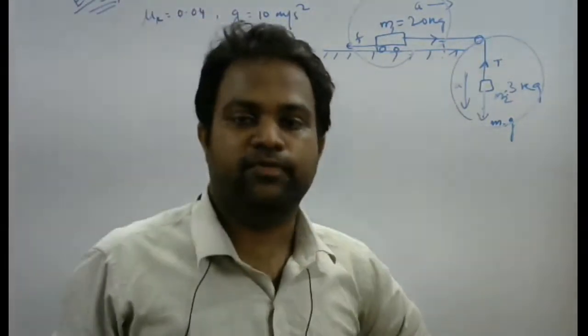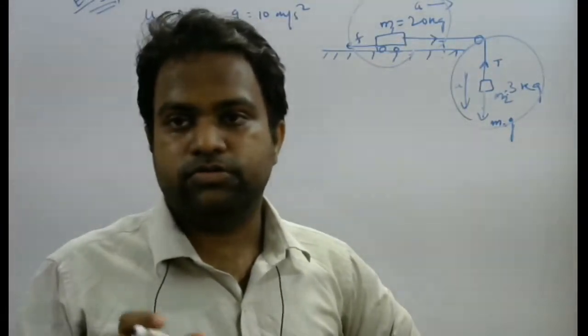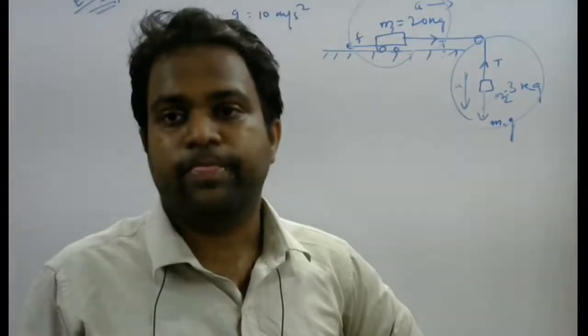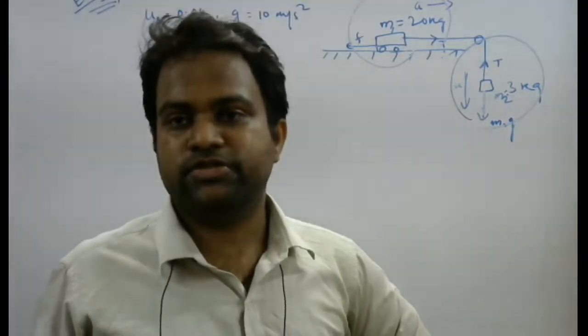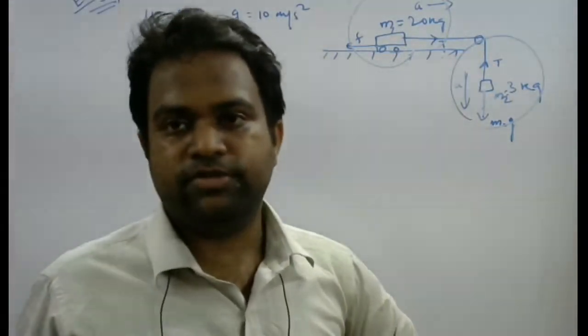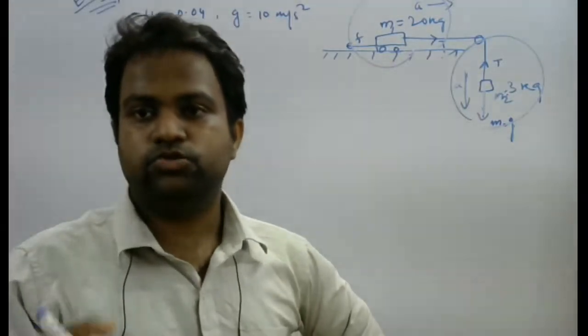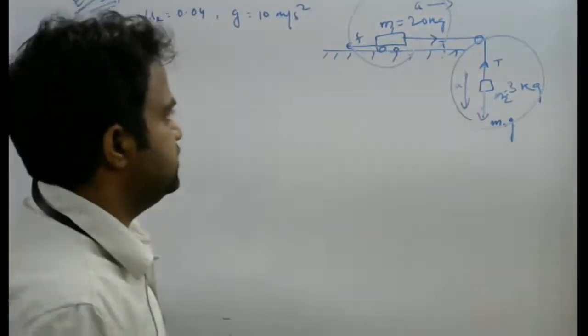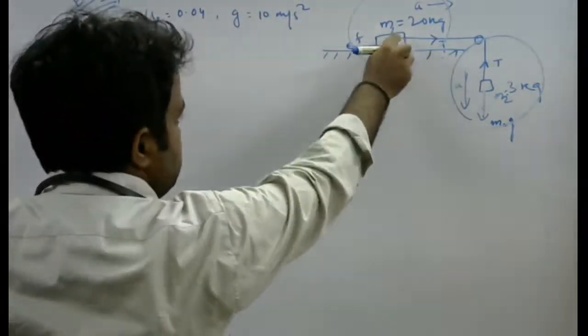From the free body diagram we'll write down a few equations, because we will get linear equations here. Once you get these linear equations with a few unknown quantities, you can use the techniques that you know, substitution, elimination, or cross multiplication, to solve for the unknown quantities. So how will you do that? Let us draw this one.